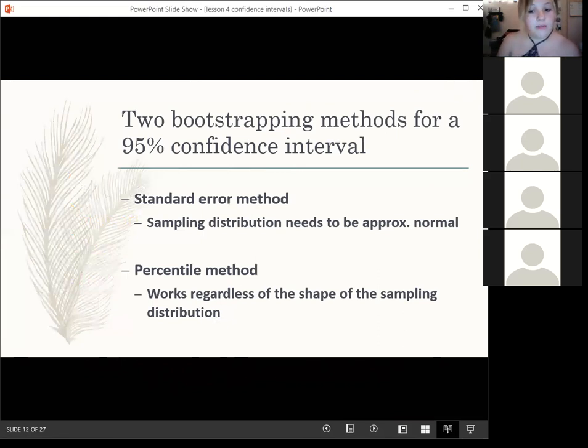The percentile method you can use no matter what the shape is, because the percentile method is talking about the percent of data within your curve and within your interval. And no matter what kind of curve you have, it's always going to be 100% under it, so the percentile method can work no matter what. Standard error does have to be approximately normal, because remember, you have that mean and then your standard deviation, so that won't work if you have skewed data.